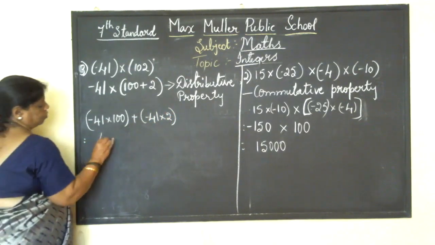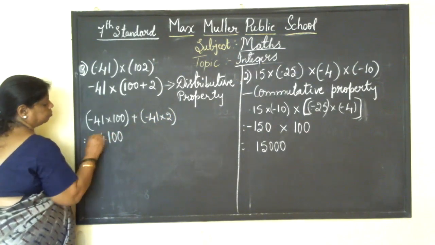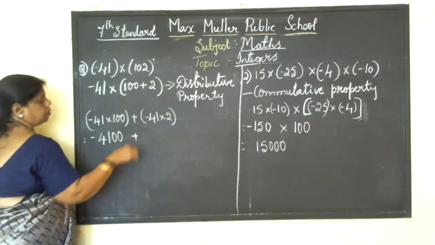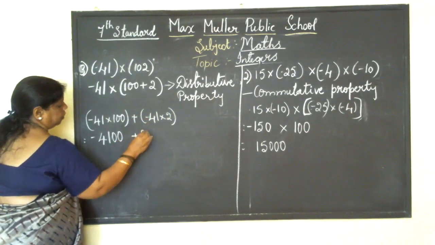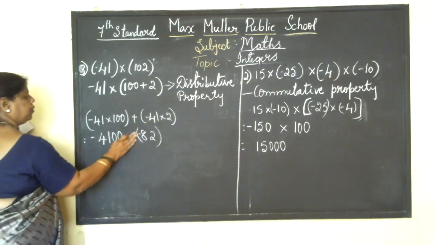So 4100 you will get plus 82, minus of 82.